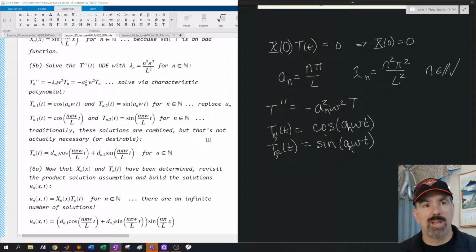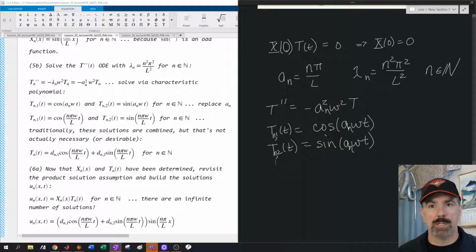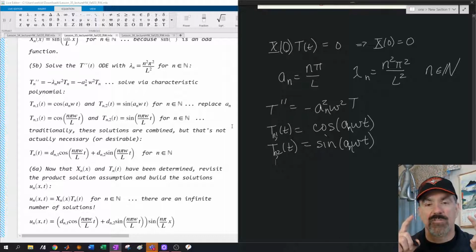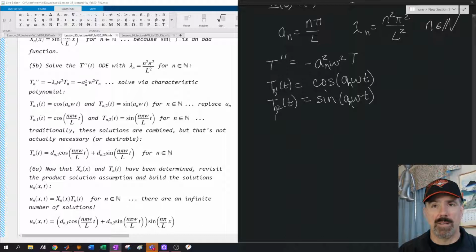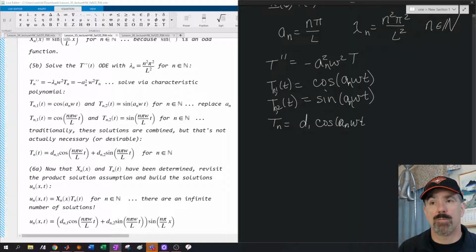The standard way of doing this is to actually build a kind of general solution for each T sub n before we proceed. That's not necessary. In fact, I don't even necessarily think that that's a good idea, but this is what everybody does, and so this is what I've done as well. How do I build the general solution? I have some constant times the cosine of a n wt, and then I have some other constant times the sine of a n wt.